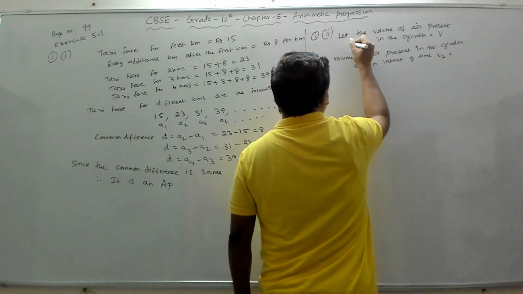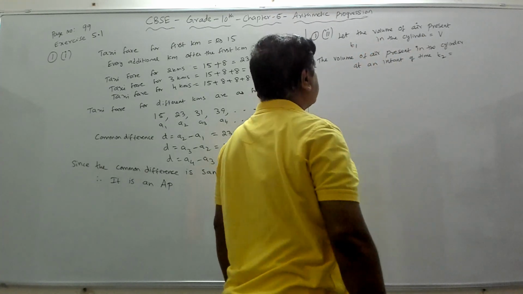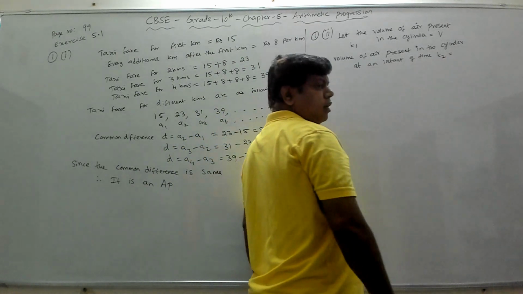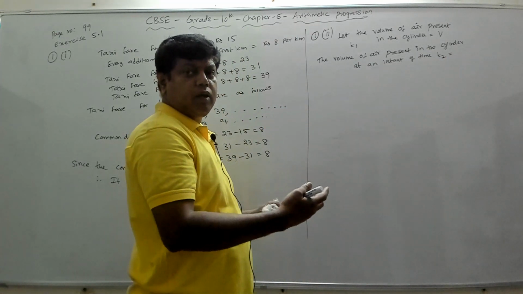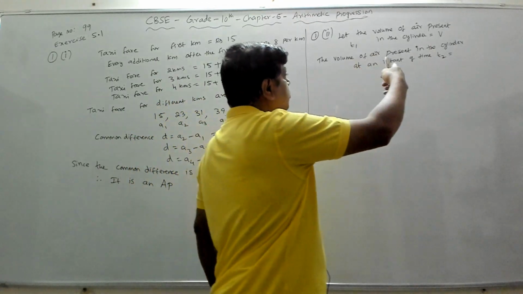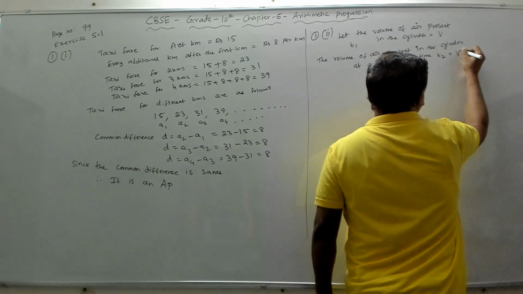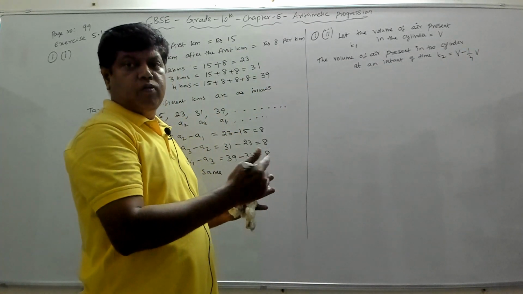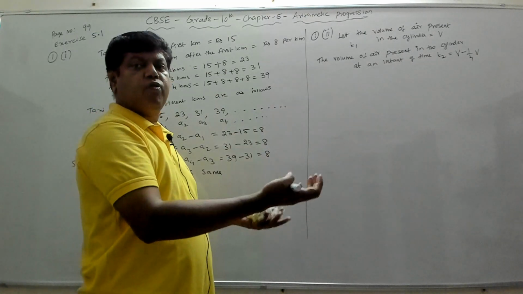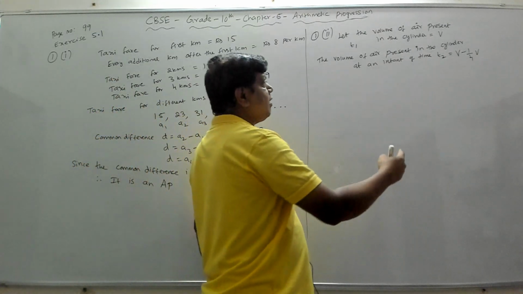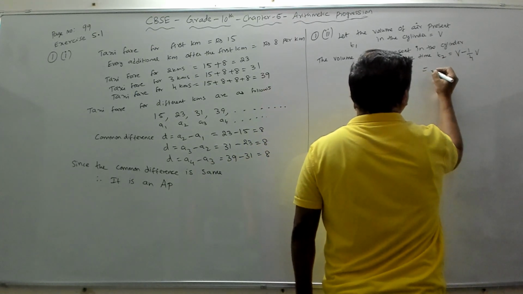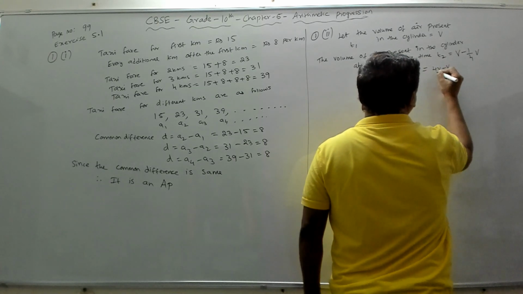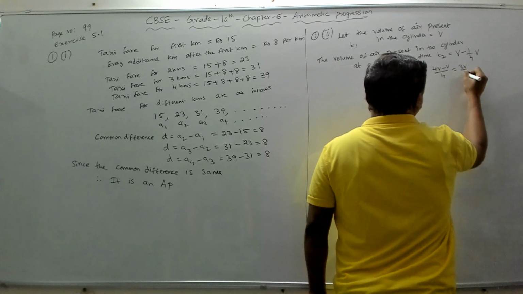See, this is time 1. At T1, the volume is V. At any instant of time T2, how much will be the volume of the air? 1 by 4 of the air is removed from the original volume, which means 1 by 4th of V is removed. Then the remaining air will be V minus 1 by 4 V. That will be equal to, if you subtract, 4V minus V by 4. You get 3V by 4.